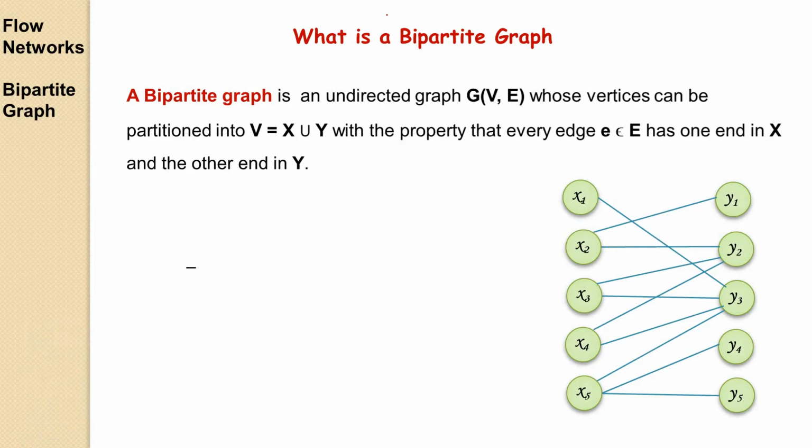So let's look at this graph. We have G = (V, E). Of course, you know that V is a set of vertices, a set of all nodes, and nodes is the same as vertices, don't forget. And E is a set of all the edges.